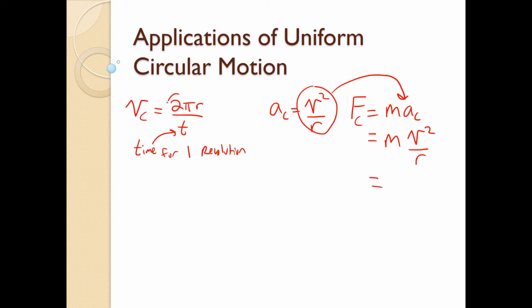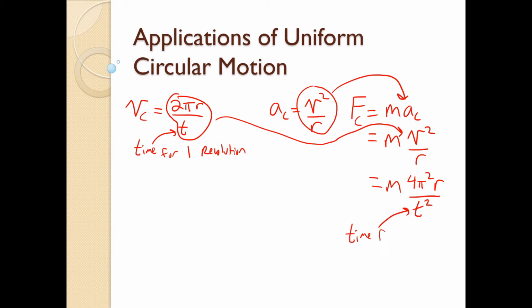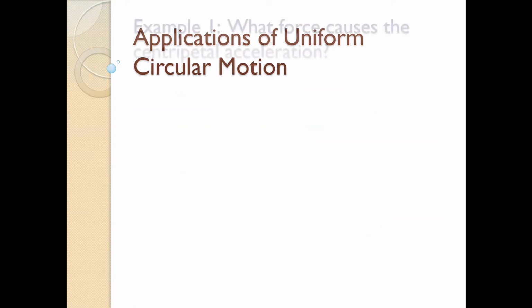Or if I take this and substitute it into here, I get m 4 pi squared r over t squared, where again t is time for one revolution, but I should make note that r is the radius of the circular path. Okay, so that's where we left off as far as circular motion went. So today we're just going to go over a couple of applications of it.